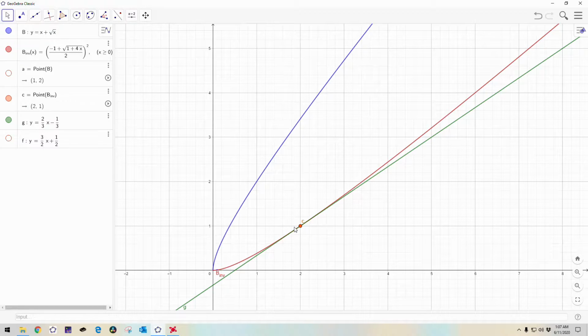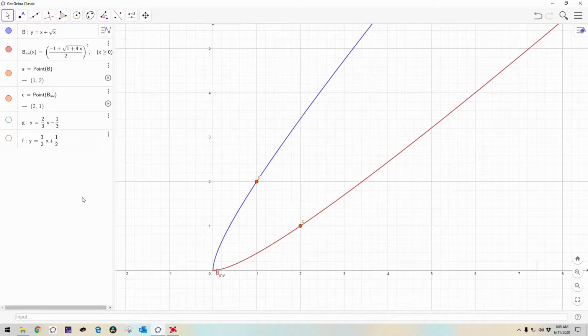To compare it to the original curve, the point is 1, 2. So in the inverse curve, when x is 2, I get an output of 1. But on the original curve, b of x, if I input 1, it outputs 2.